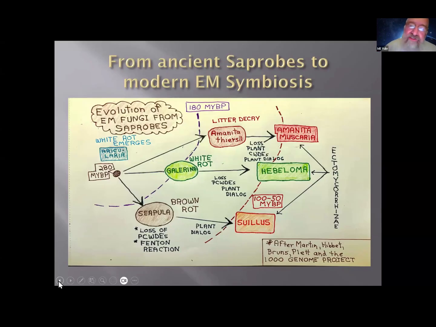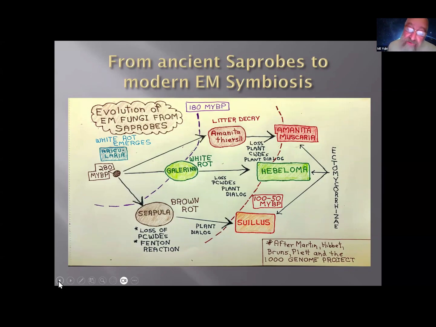And then over here, you can see in the Amanita lineage on top, you have something like Amanita thiersii, which is a saprobic Amanita. So you have an ancient white rot ancestor, and then you have a more modern white rot Amanita, and that evolves into modern Amanita ectomycorrhizal species.